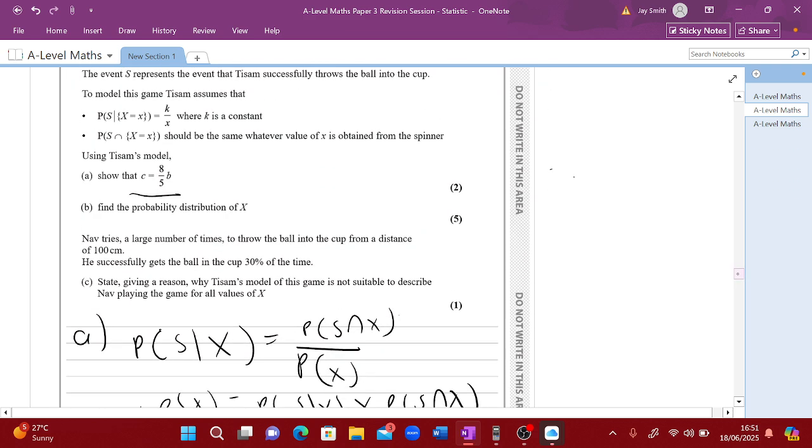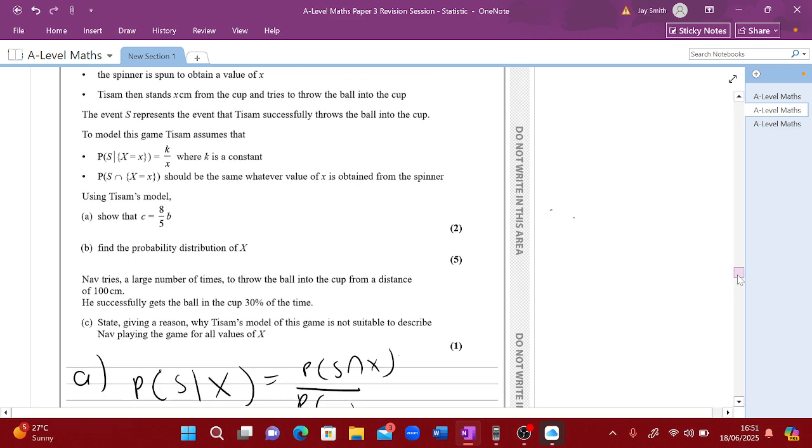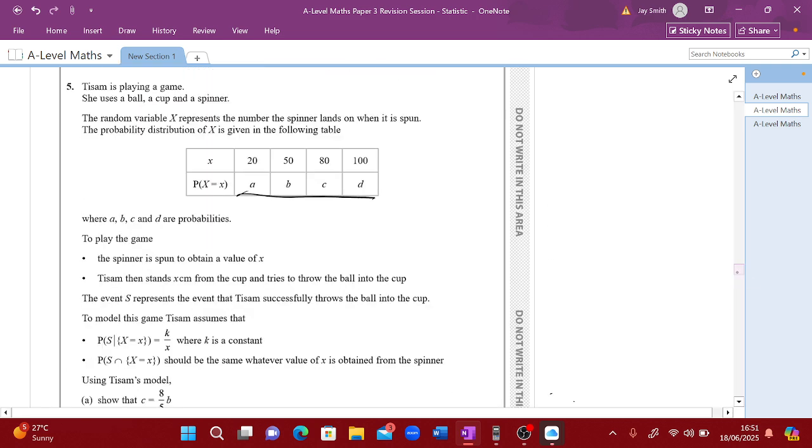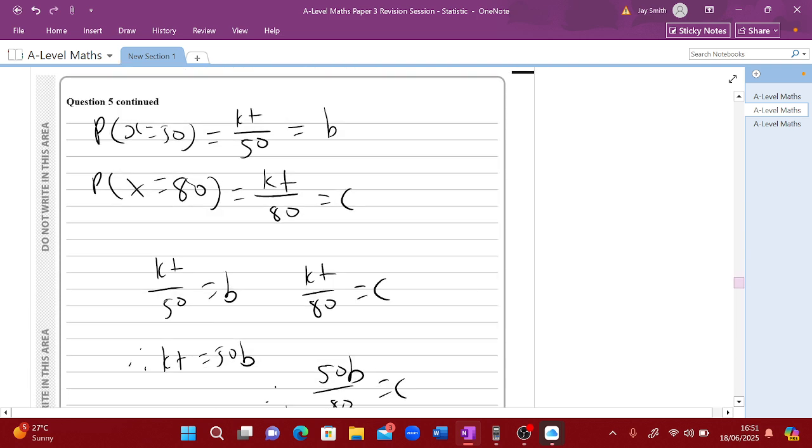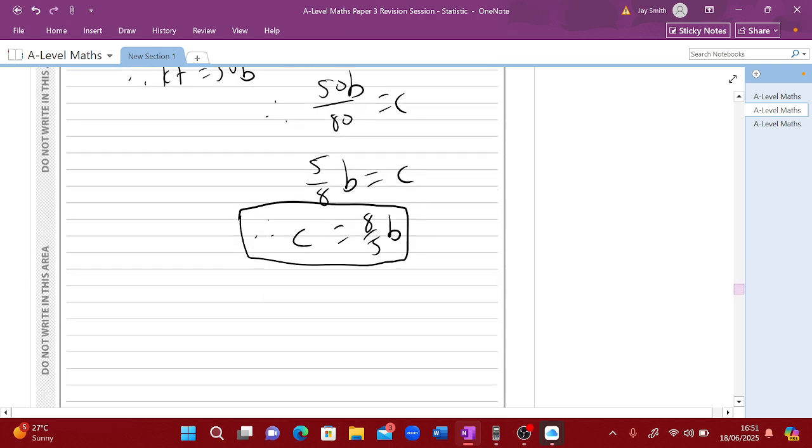Then we're asked to find the probability distribution of X. We're already given the distribution and all the probabilities, but it's asking us to find the missing values A, B, C, and D. There's not much to work with, but the only other thing we can do is the same sort of approach.